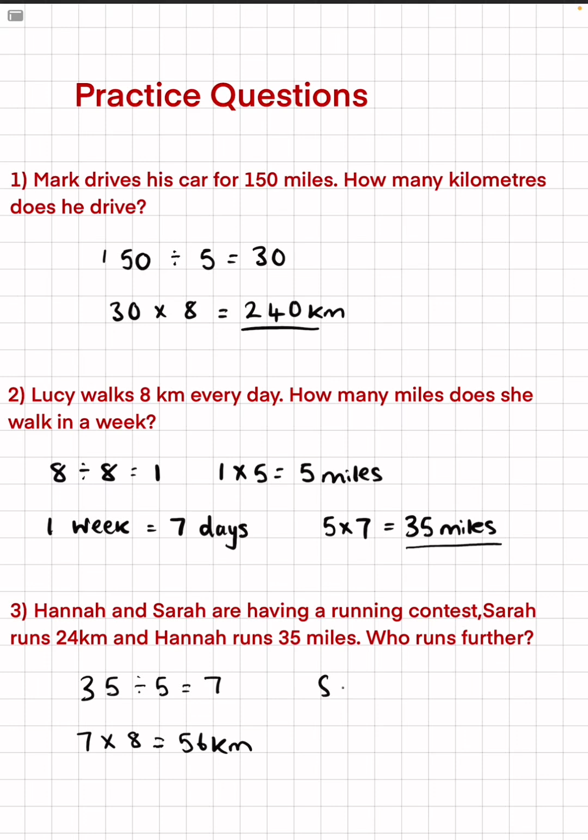So Sarah runs 24 kilometers and Hannah runs 56 kilometers. So the answer to the question is Hannah. She runs further than Sarah.